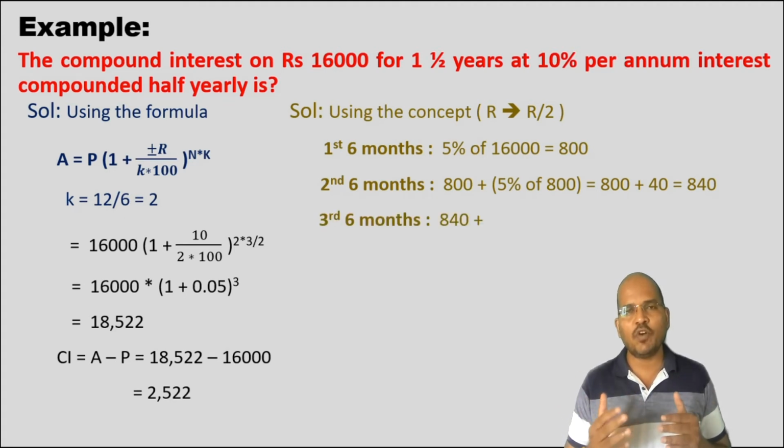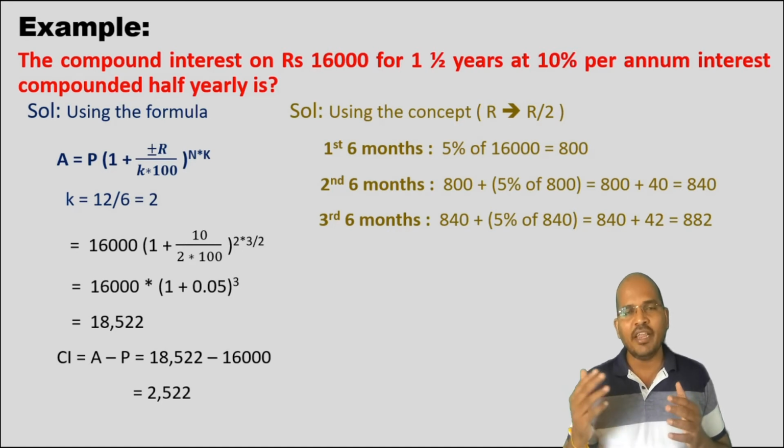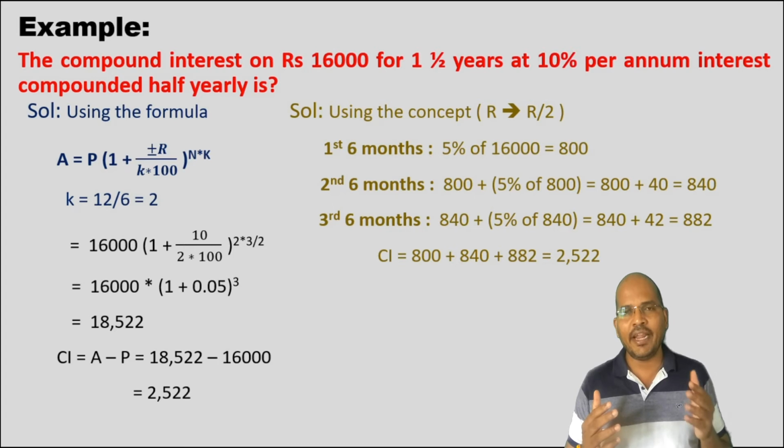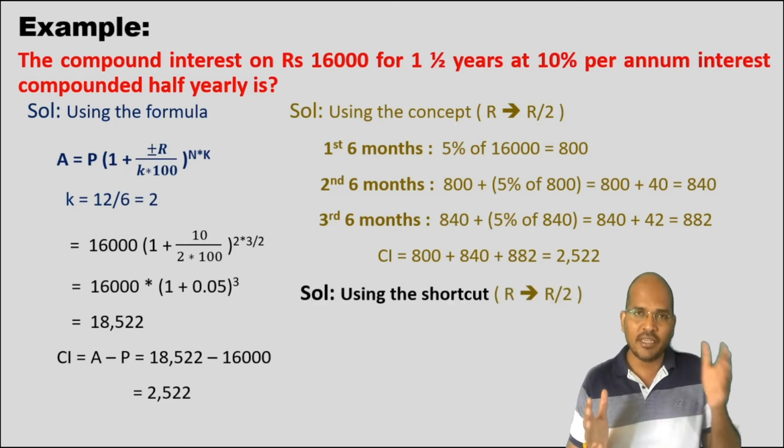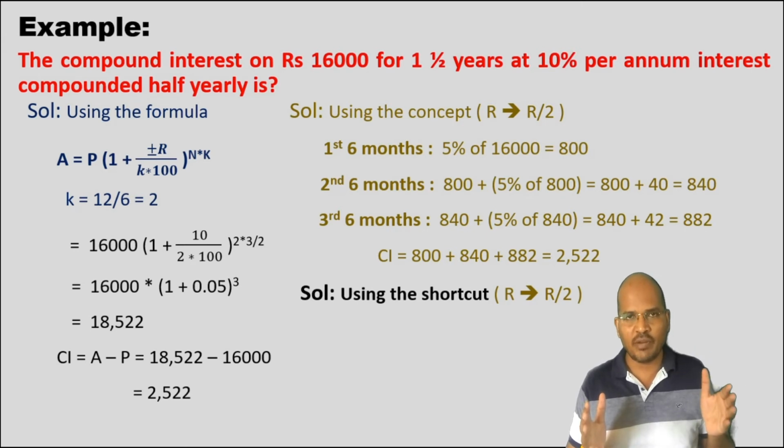So 800 plus 40 would be 840. For the third 6 months, it is 840 plus 5% of 840, that is 42, and we get the interest for the third period to be 882. Clear with that? Now we add these values, 800 plus 840 plus 882. The answer is 2522, which is the same as the answer we got using the formula.